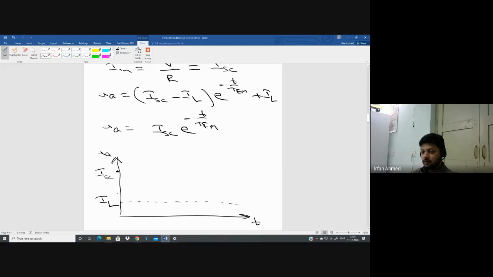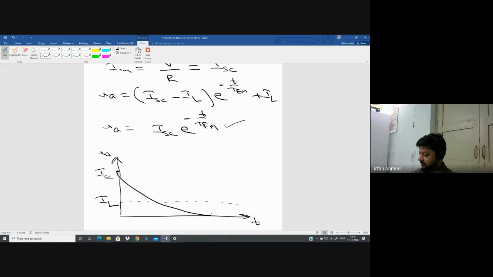When your motor is starting at no load, this equation is applicable. So when time is equal to 0, your IA is equal to ISC, and then your armature current will be simply an exponentially decreasing function. Correct?